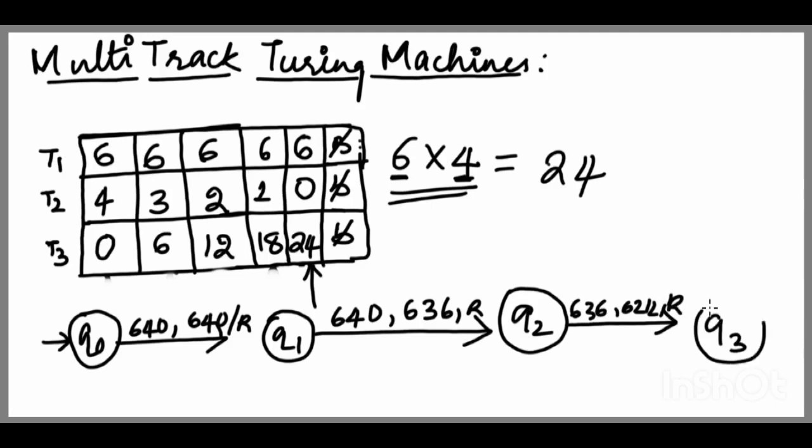Next, in the next state, we update the information 6, 2, 12 to 6, 1, 18 and move in the right direction.